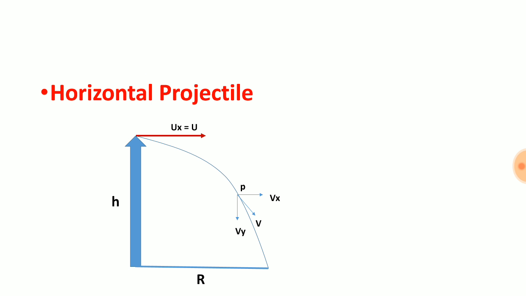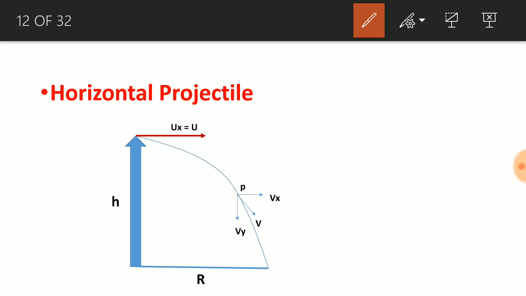Now this is a horizontal projectile. In this case, the projectile is thrown parallel to the x-axis. So the initial velocity towards the y-axis will be 0, because we are throwing the projectile towards the x-axis only. But as it moves down, it will gain velocity towards the y-axis.